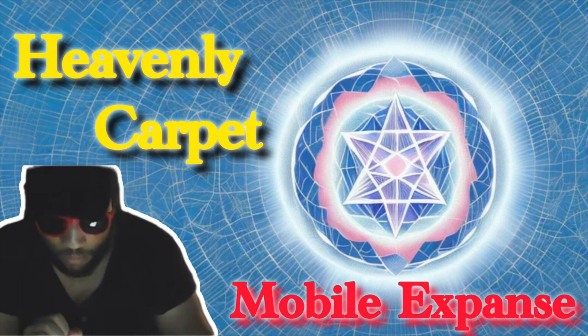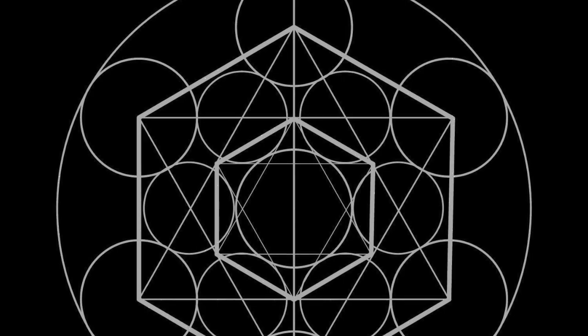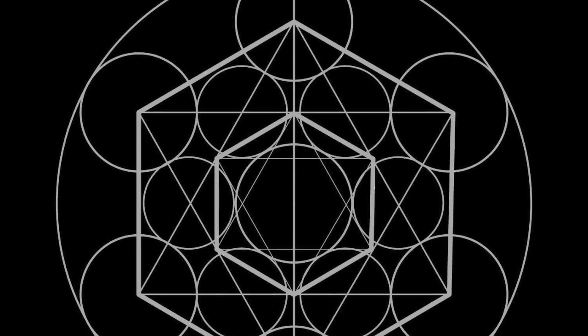This is the cherubim. We have also with the Metatron's cube, there are 4 faces, 4 sides, and that is the 4 faces of the cherubim: the lion, ox, eagle, man. And that also corresponds with the 4 elements of the world.